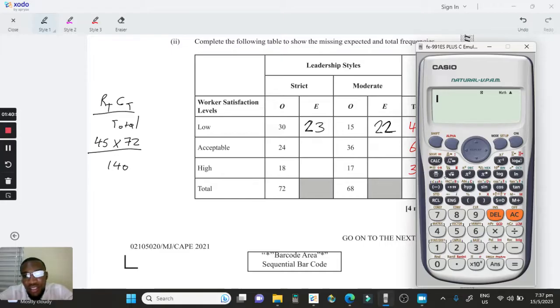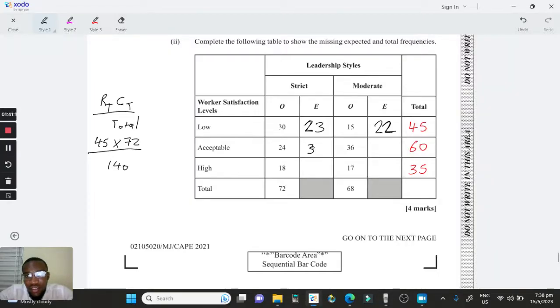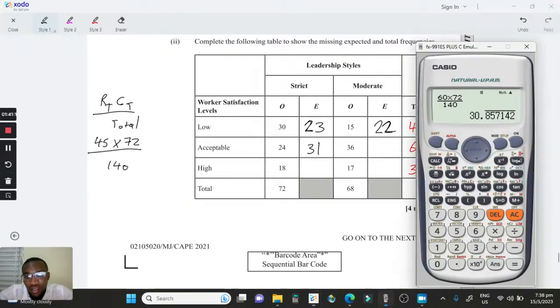Let me just use the fraction button, it makes it easier. 60 times 72 divided by 140, that's 31. Over this side it's the same row total, just the column total changes. Column total is 68, and we get 29.